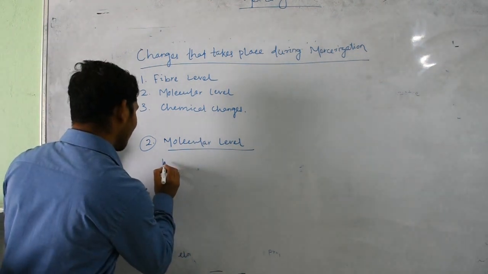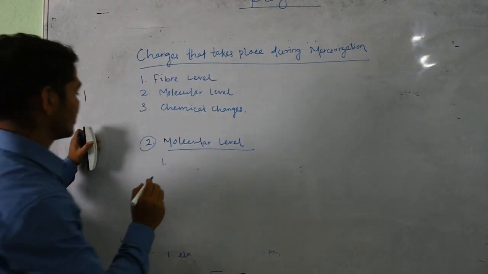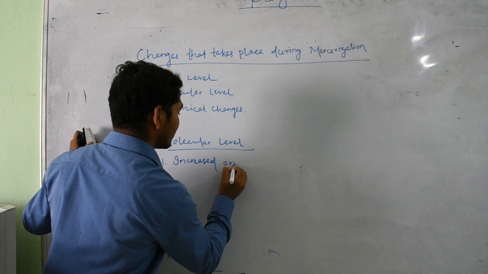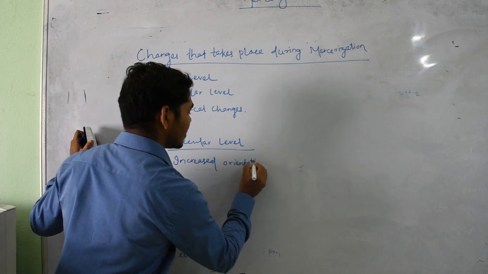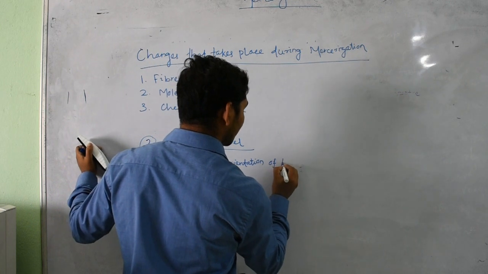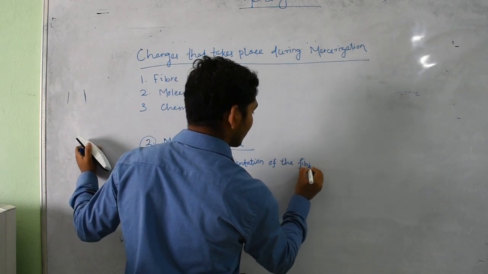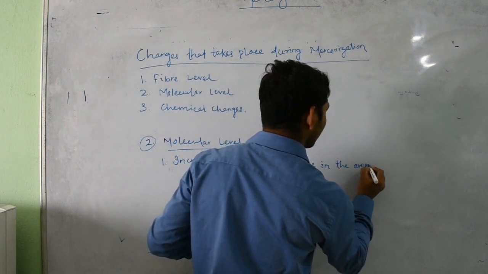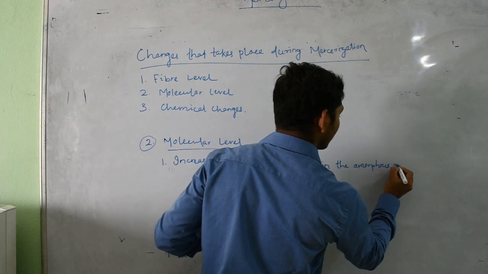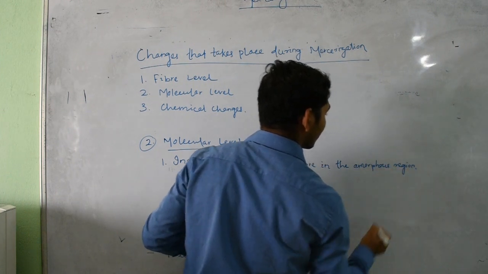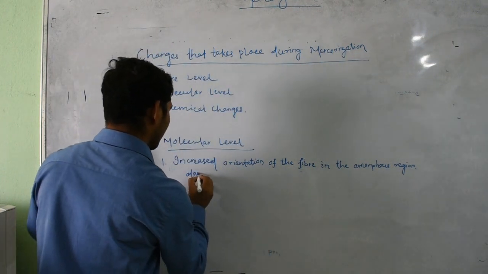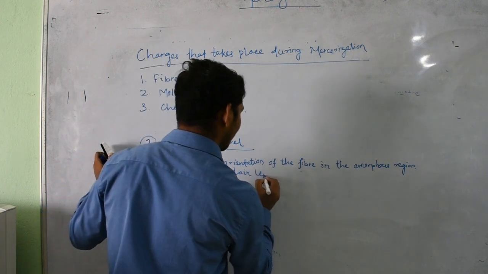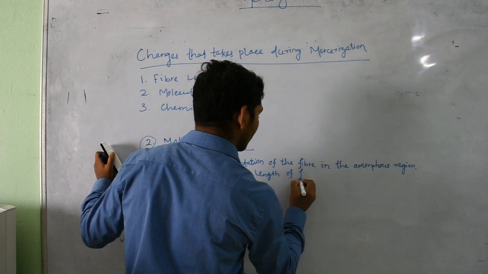In the molecular level, the first change that takes place is there is increased orientation of the fiber in the amorphous region along the chain length of fiber.